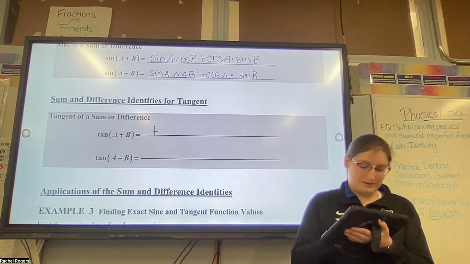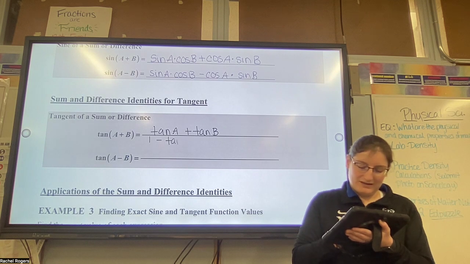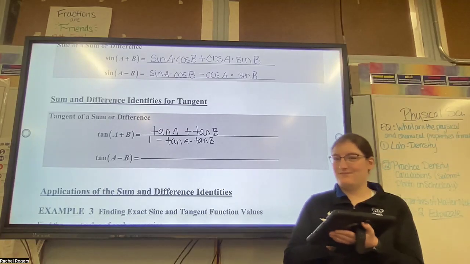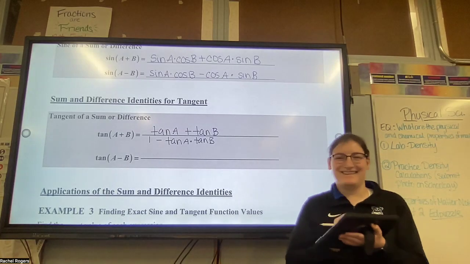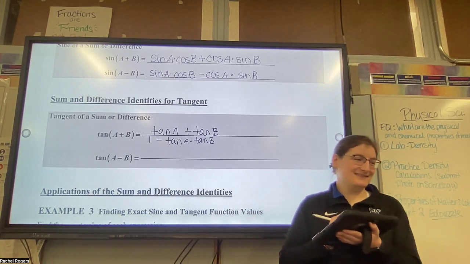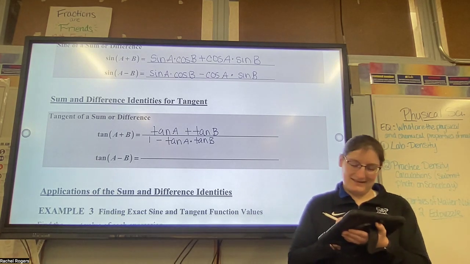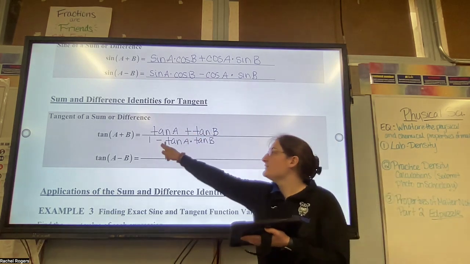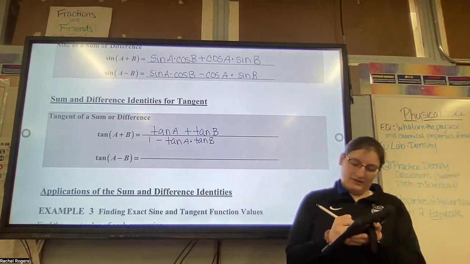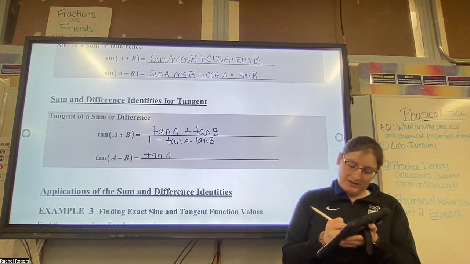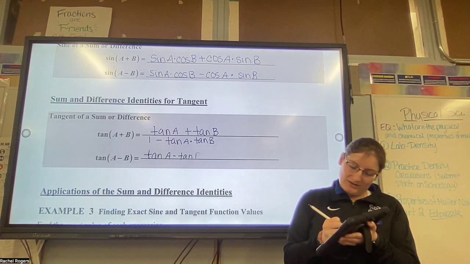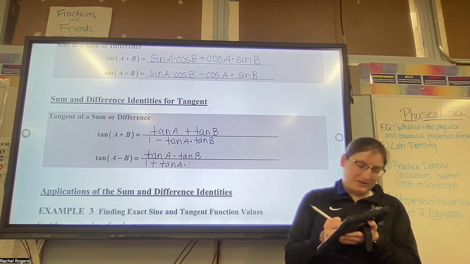So you have tangent of A plus tangent of B over 1 minus tangent of A times tangent of B. They're like a puzzle. And then for subtraction, your positives and negatives flip spots. So this is tangent of A minus tangent of B over 1 plus tangent of A times tangent of B.